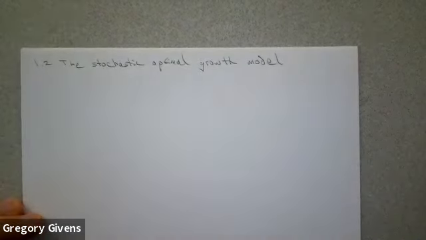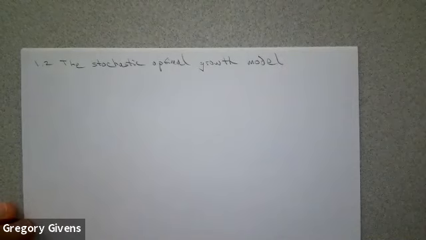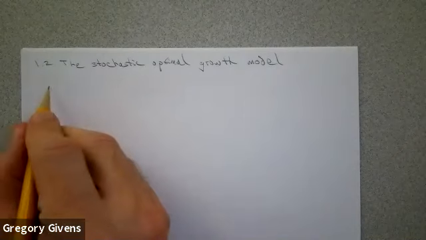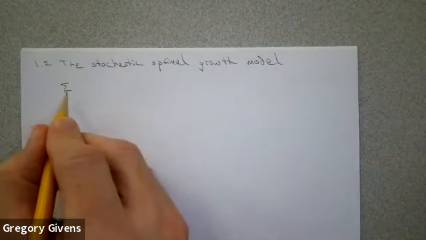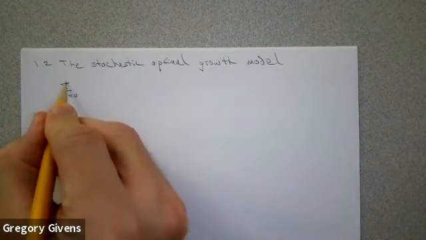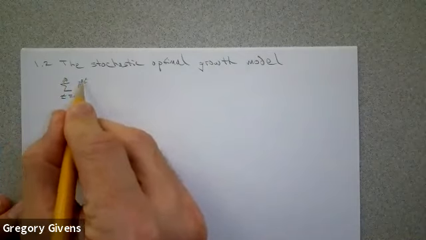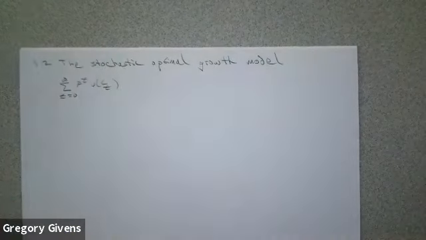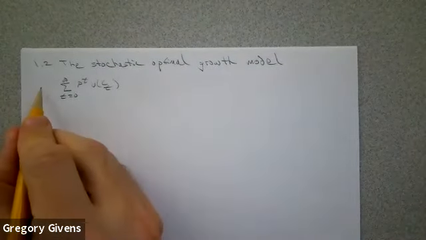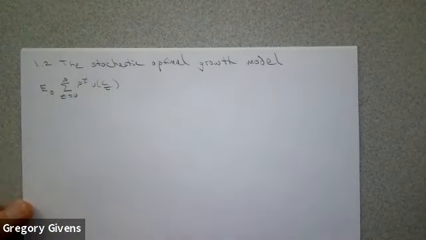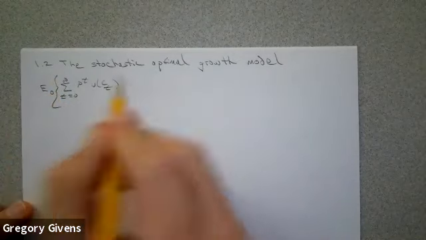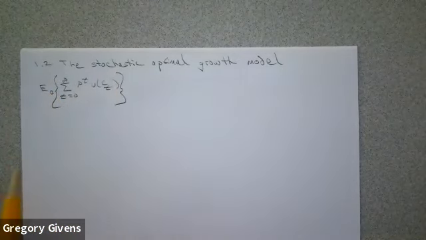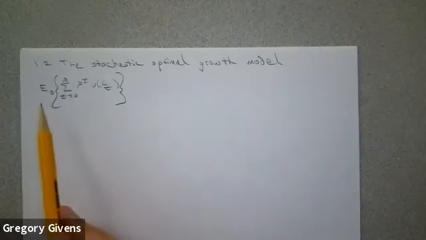All right, what does the objective function look like now for a benevolent planner in the optimal stochastic growth model? Instead of maximizing discounted lifetime utility, what the planner has to do is maximize the expected value of this objective. So this capital E denotes an expectations operator.